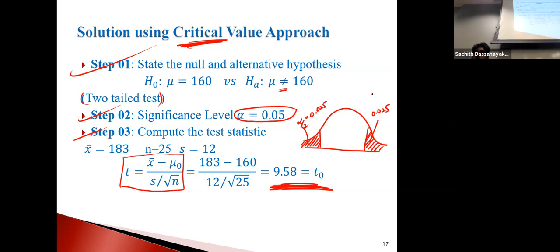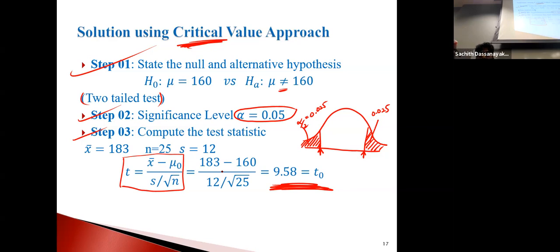Since we are using the critical value approach, you have to find the value right here and the value right here. Not the areas or p-values, just the t values. It doesn't matter whether it is negative or positive.